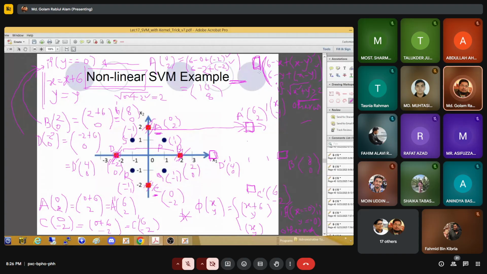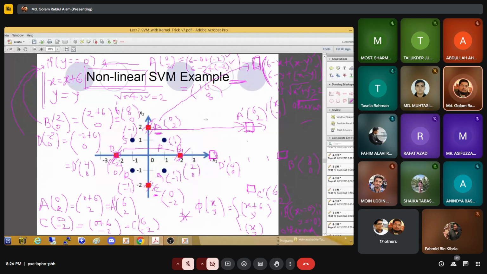So maybe this data point will be translated to this position. This is how the other data points, B, C, and D, will be translated in the upper right corner. And then again, after translation, we can apply the linear support vector machine.